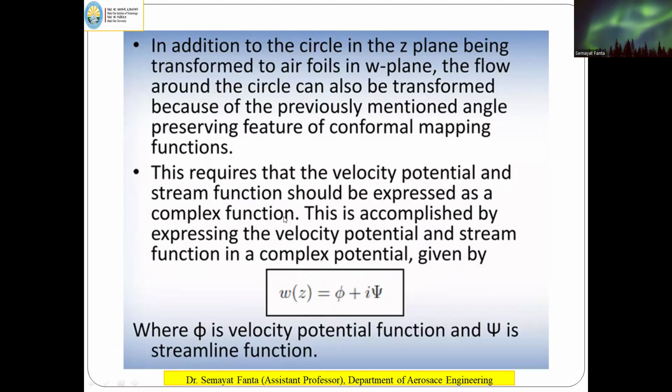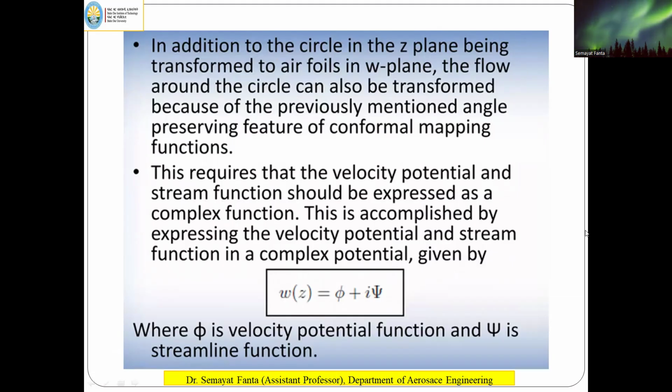In addition to the circle in the Z plane being transformed to an aerofoil in the W plane, the flow around the circle can also be transformed because of the previously mentioned angle preserving features of the conformal mapping. Therefore, this requires that the velocity potential and the stream function be expressed as a complex function.